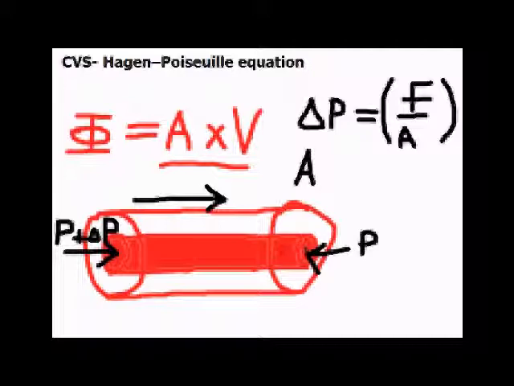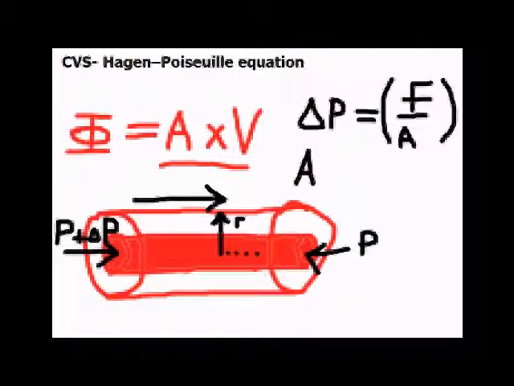If we say that from here to here, we're going to know as R, this will allow us to predict how big the tube is.